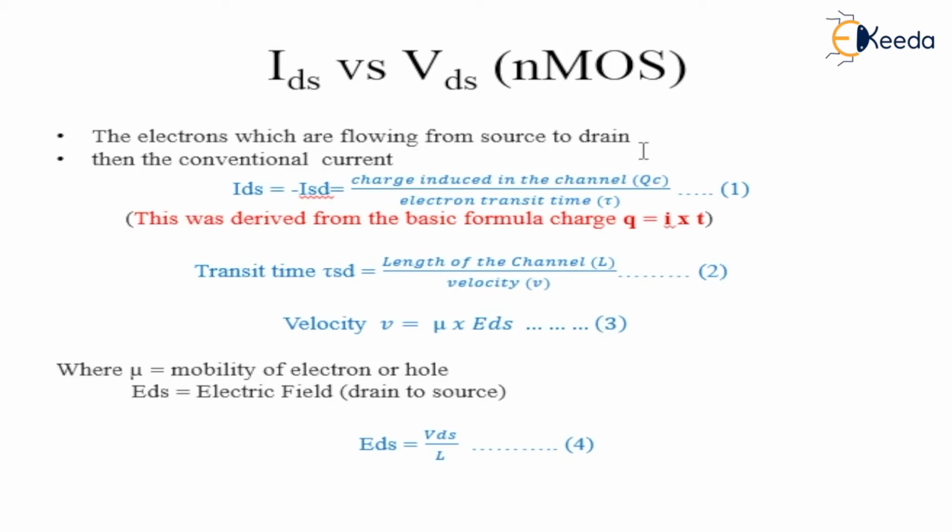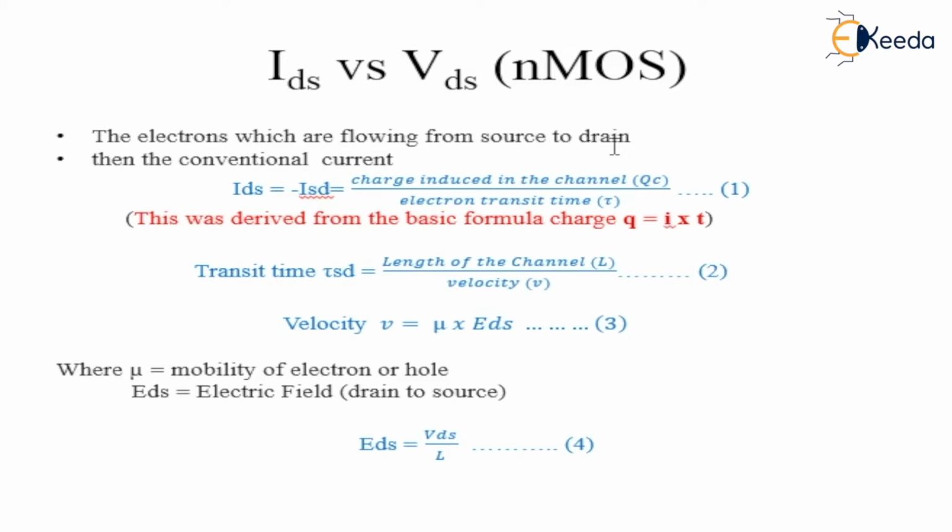Whenever electrons move from source to drain causing current, if you consider that current as electron current, it is written as minus ISD, and the conventional current is written as IDS. I repeat, the electrons flowing from source to drain cause a current.